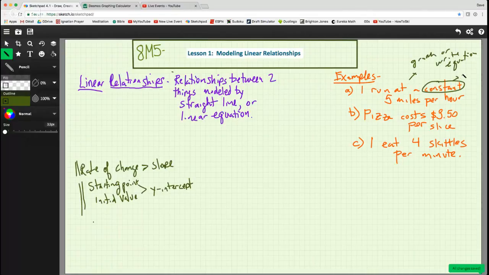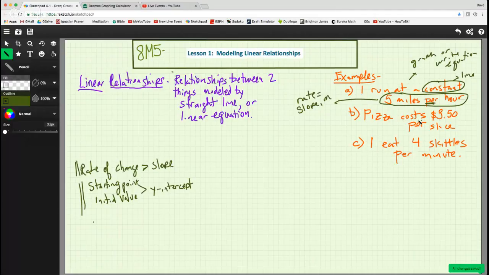This is the key that tells us it's a line, and we have a linear equation. The rate, 5 miles per hour, often this keyword per will tell us that we're dealing with the rate, or the rate of change, and that is our slope. Don't forget any of this. That's going to be our slope.